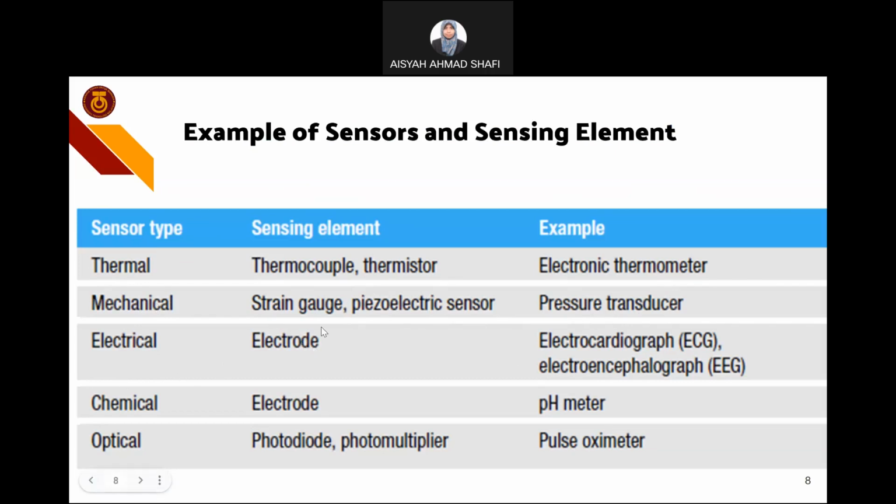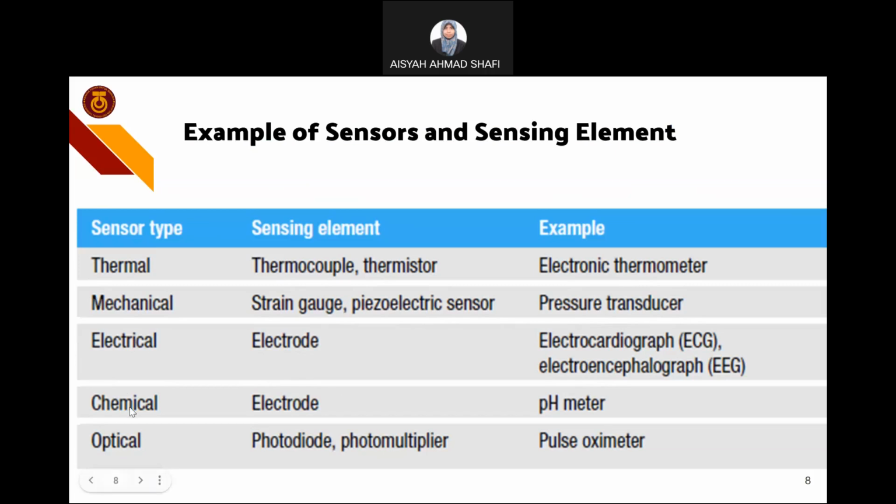For the electrical, we use the electrode as we have learned in the previous chapter. Electrode can be categorized as a sensor. It measures the electrical signal from the input, so it's used for the electrocardiogram and encephalogram.